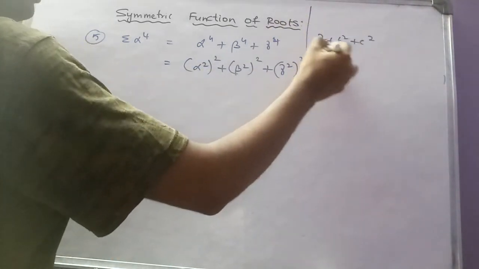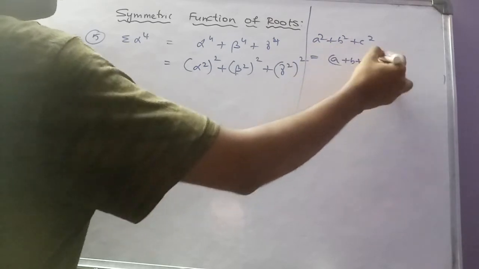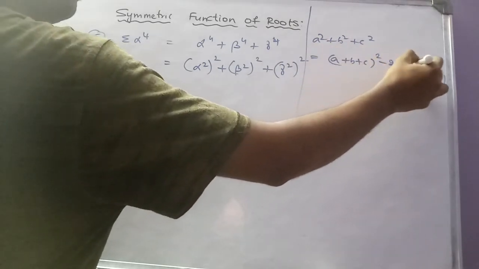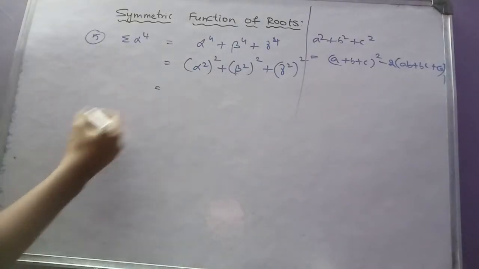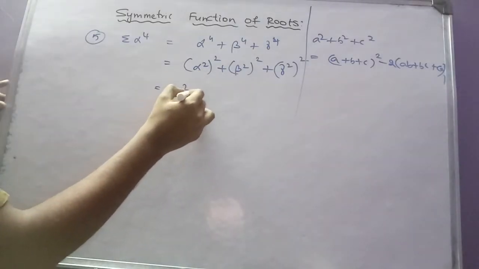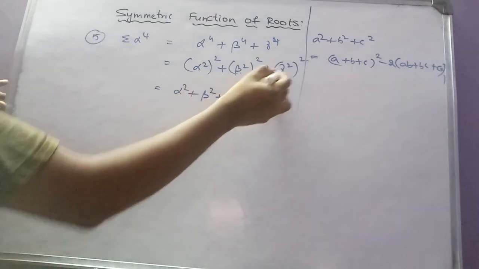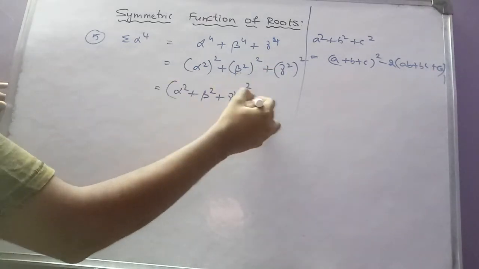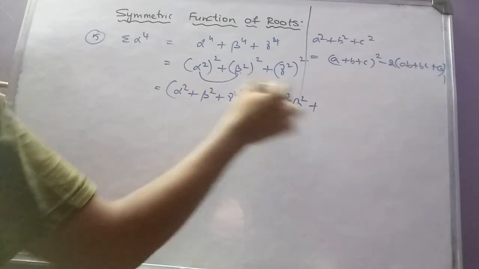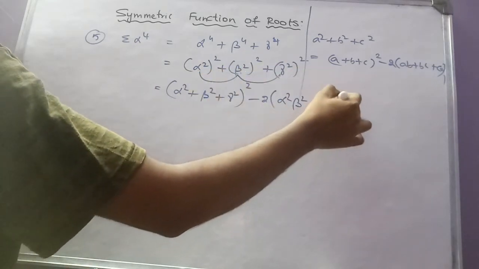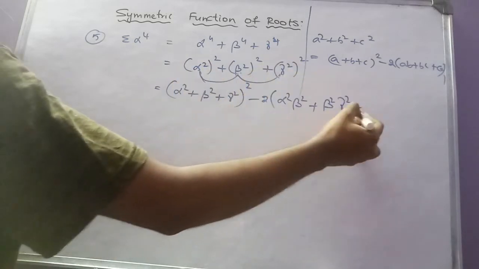This is the third time we are discussing it. It is a plus b plus c whole square minus 2 into ab plus bc plus ca.